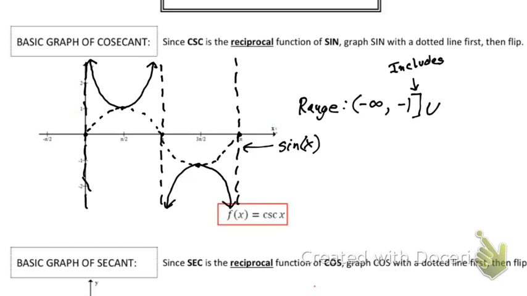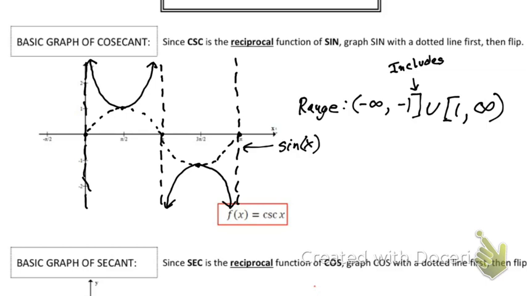We start at -1 with a bracket because it is included. It is a closed dot. So +1. And then it goes up forever. So it goes to infinity. And that's our basic graph of cosecant.